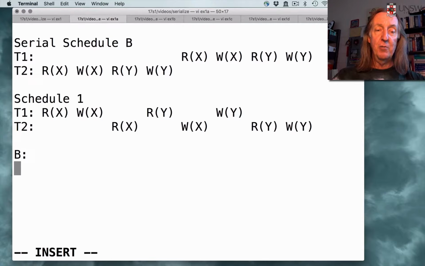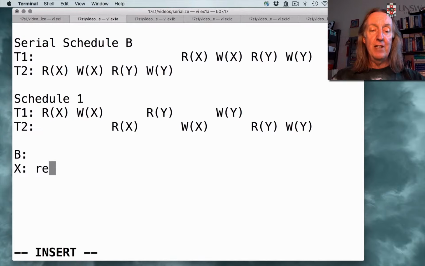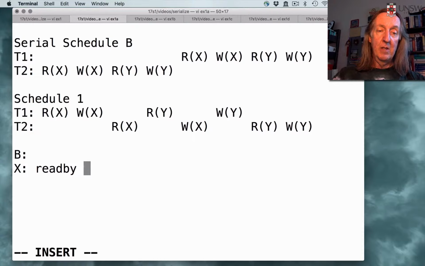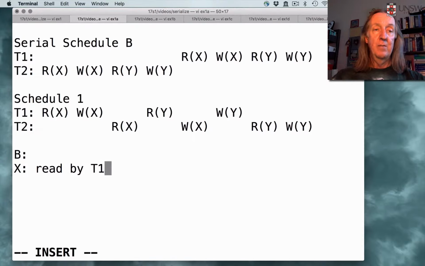For schedule B, the value of X is initially read by T2. So T2 is the transaction that reads the initial value of X.